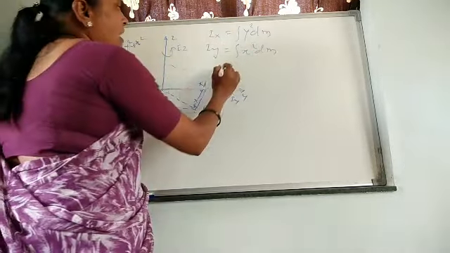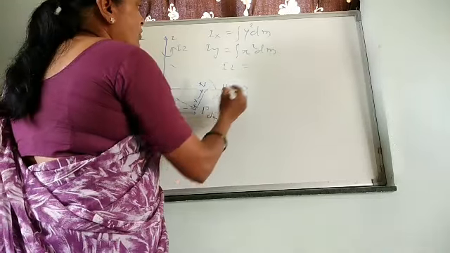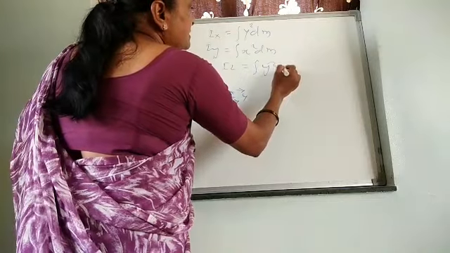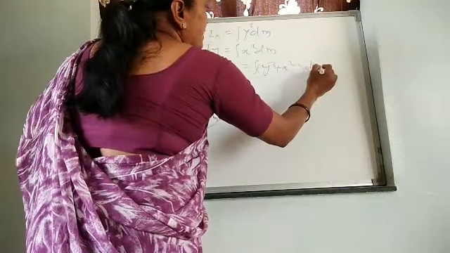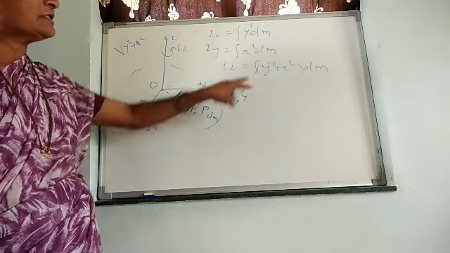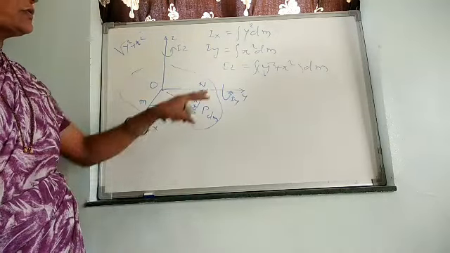And the moment of inertia about the z axis, Iz, is equal to the integral of y square plus x square dm.